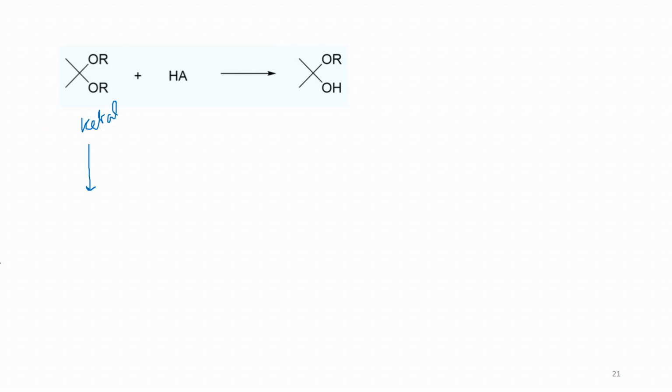Initially, in this case we have seen that this type of reaction goes through a general base catalysis reaction. And if this is a general acid catalysis reaction, what will happen?